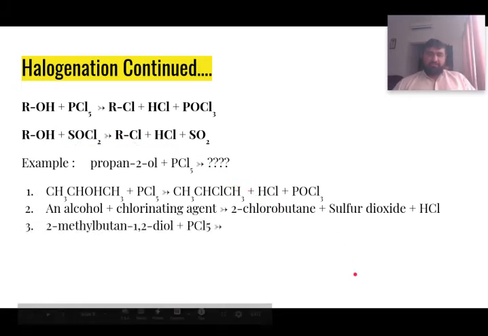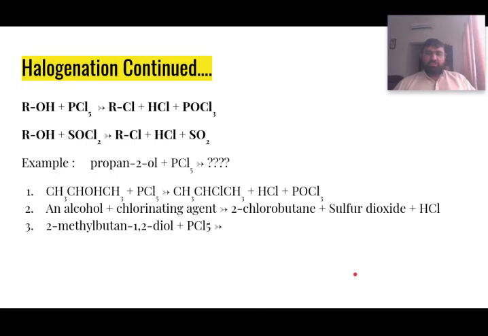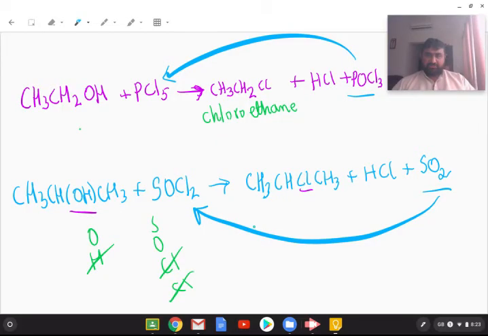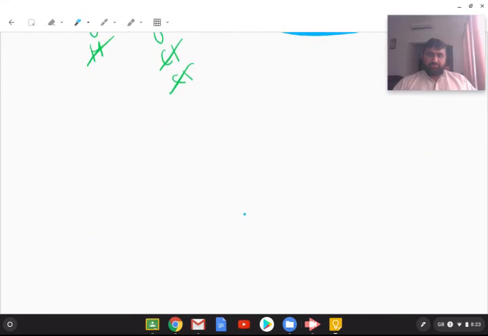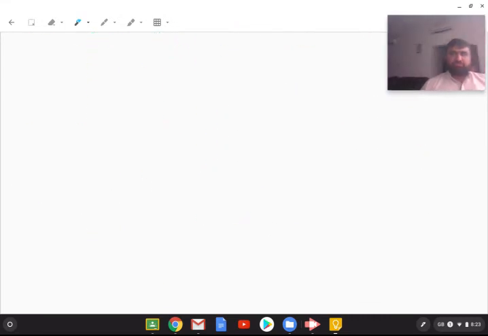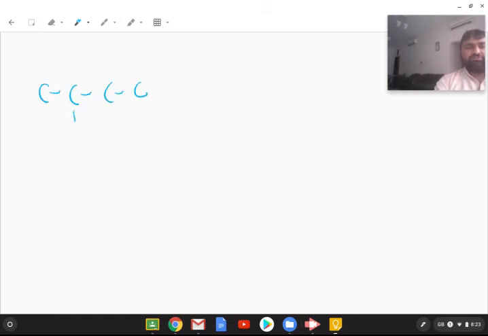The last one, 2-methylbutane-1,2-diol. Now, that's very tricky. So I will draw 2-methylbutane-1,2-diol. Butane means we have this, 2-methyl means we have this, 1,2-diol, right?